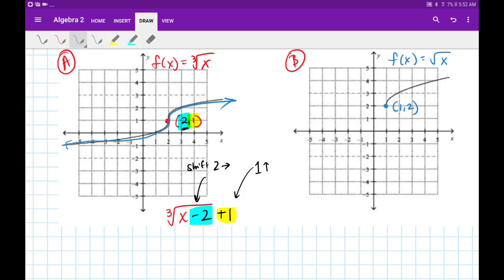Well, since it's our normal S curve, this is not being flipped, so that's going to be a positive outside. On the other hand, if our graph looked like this, then we would stick a negative in front of our cubed root. So our final answer then is f of x equals the cubed root of x minus 2 plus 1.